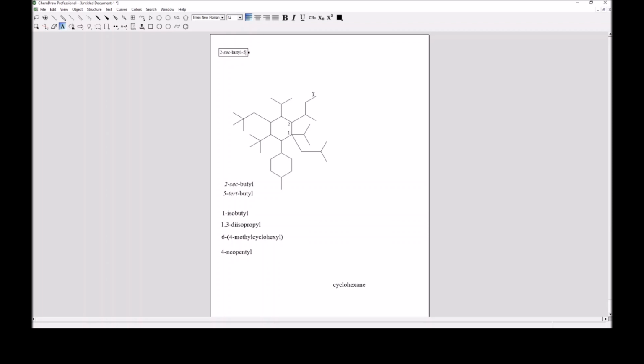And then we have a 5 and then a tert or a T, either one's fine, butyl, and then we have a 1 isobutyl and a 1,3 diisopropyl, and then we have a 6-4 methyl cyclohexyl, 4 neopentyl, and then cyclohexane. And that is the full name of this compound right here using common names.